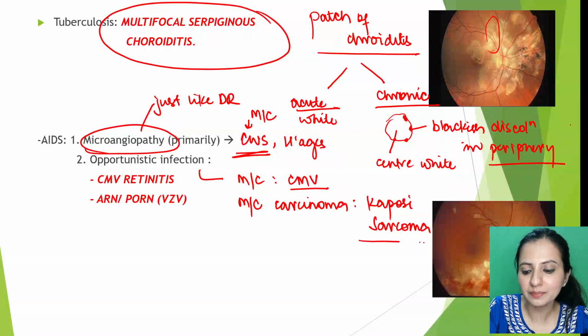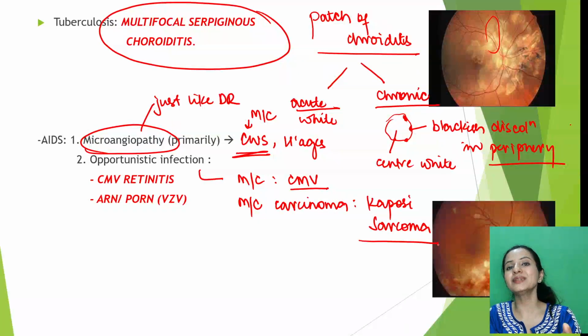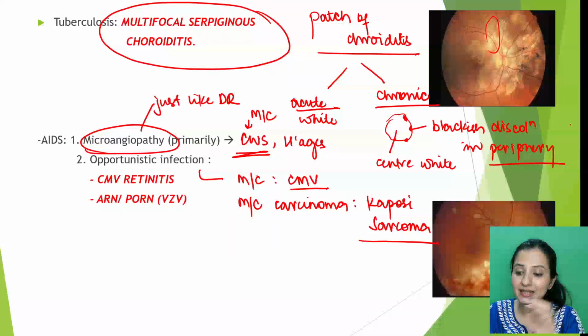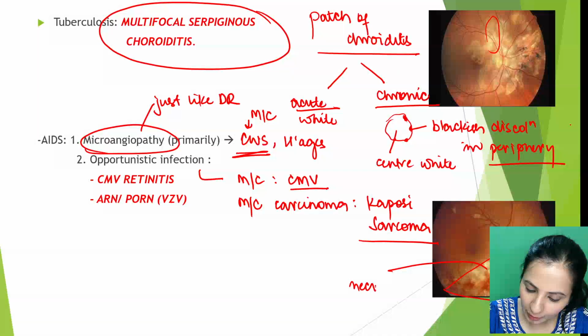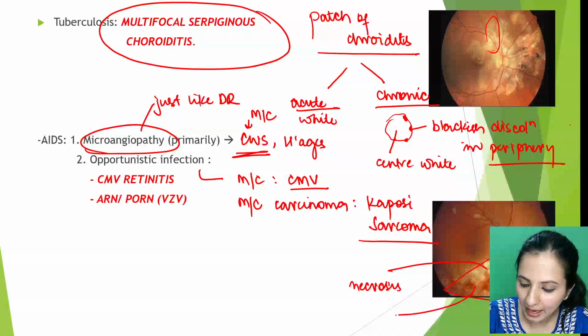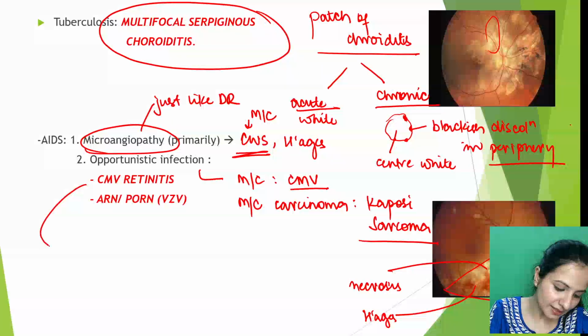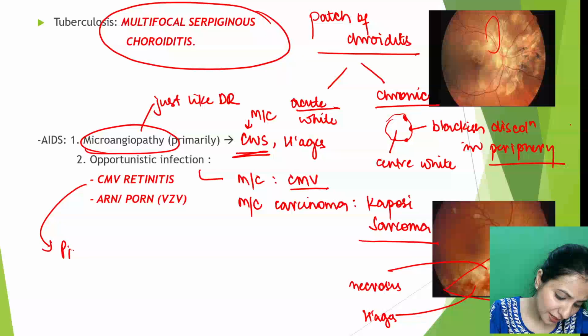Now, how does a patient present with CMV retinitis? In a patient with CMV retinitis, if you look here, there will be patches of necrosis which will look white and patches of hemorrhages. So, what do we call this appearance? We call this appearance pizza pie appearance.